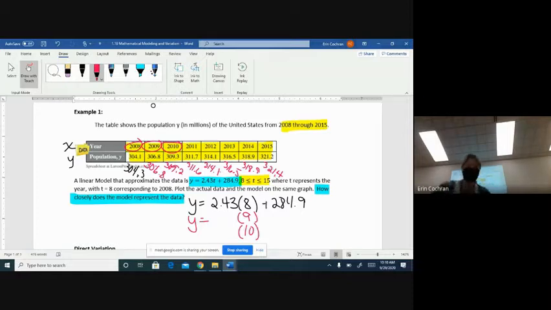What did you guys notice about all of those values that we plugged in? They're very, very close, right? So how well does that linear model represent that scatter plot? Very closely, right? Okay. So if we had graphing calculators, we could actually graph all of that on their points.